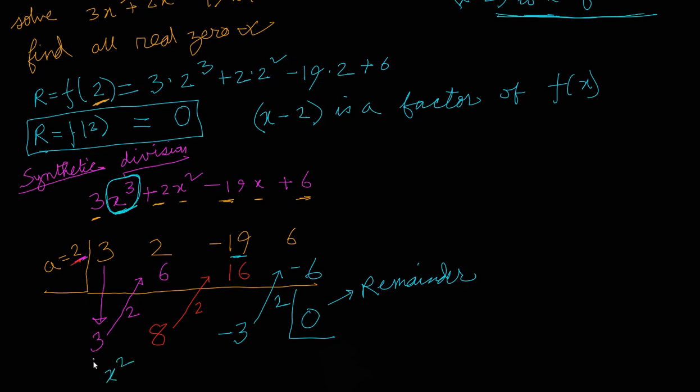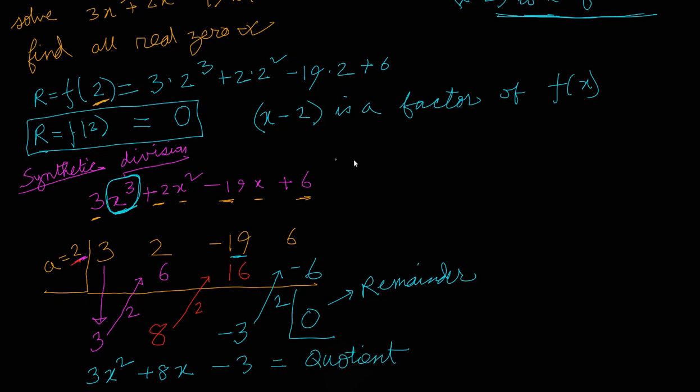The coefficient here is 3, the next coefficient is positive 8, then the next power is x, and then I have the constant negative 3. So this is my quotient.